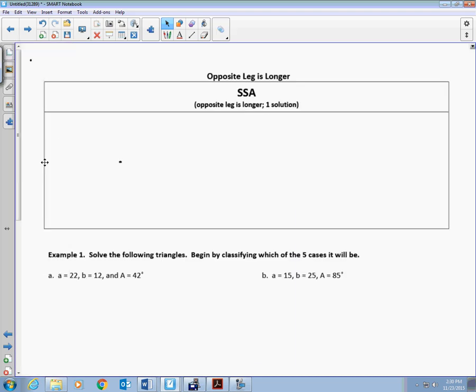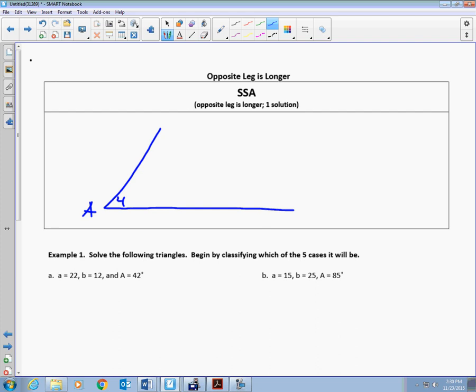Or you might have a one solution situation, which is what I drew for you guys in our examples on Friday. So if this is A and this was 40, and say this is 10, let's say that this opposite side is 15.